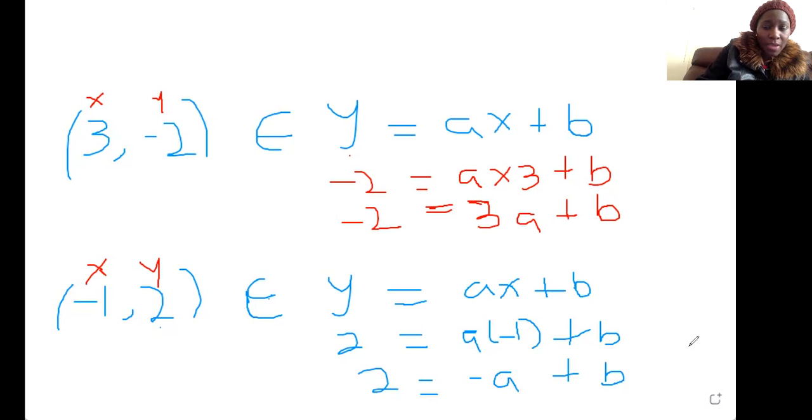So we have 2 equations already. The first equation is 3a plus b, and the second equation is minus a plus b. So we solve that equation.